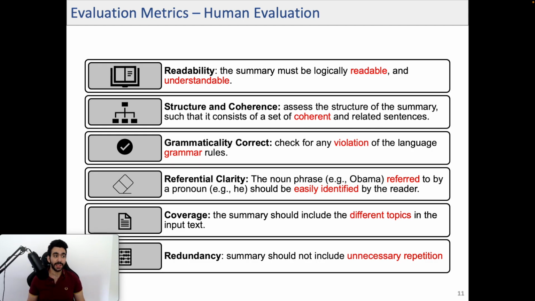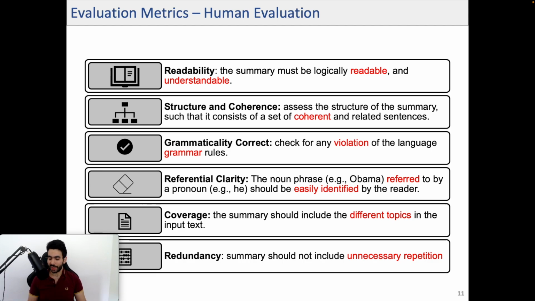It should be grammatically correct. If there are any violations of the language's grammar rules, then it has to be penalized. It has to have correct referential clarity. So if Obama is identified by a "he", then the pronouns should be referred to correctly in that sense.